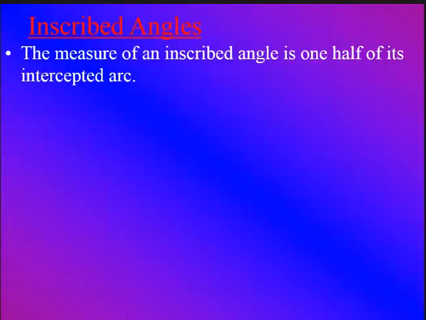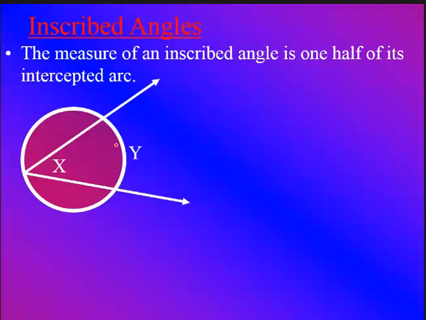Okay, relationships here between the inscribed angles and the intercepted arc. The measure of an inscribed angle is half of its intercepted arc. The angle is half. Okay, so remember, on the central angle, this measurement equaled this measurement.